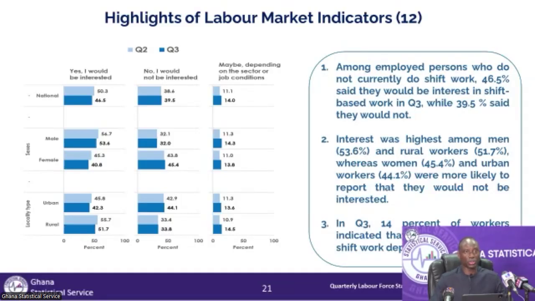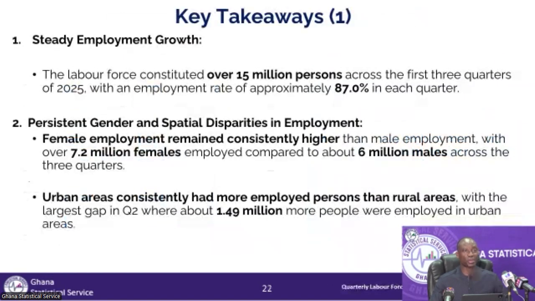Now, with these results, ladies and gentlemen, let me summarize so that we can focus on the key takeaways. First, we've seen that employment is growing, but not fast enough to absorb the population pressures. In fact, about 15 million persons were employed across the three quarters of the year.